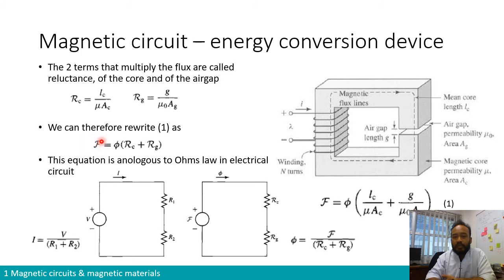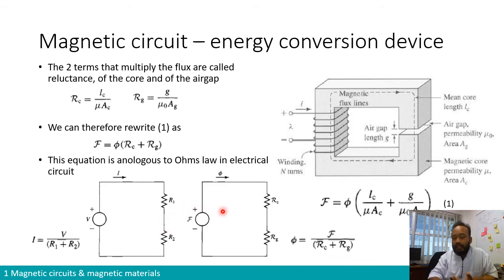Here it is magnetomotive force, but in an electrical circuit you would have voltage, which is what we call electromotive force. Then we have flux in magnetic, but in current we also have a flux, a flux of charge, and that's what we call current. And we have a sum of reluctance, and in electrical you have a sum of resistance. So it is very similar between electrical and magnetic circuits.